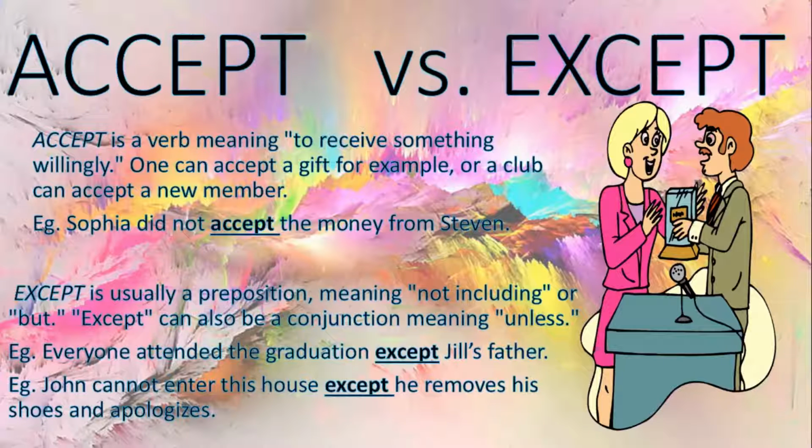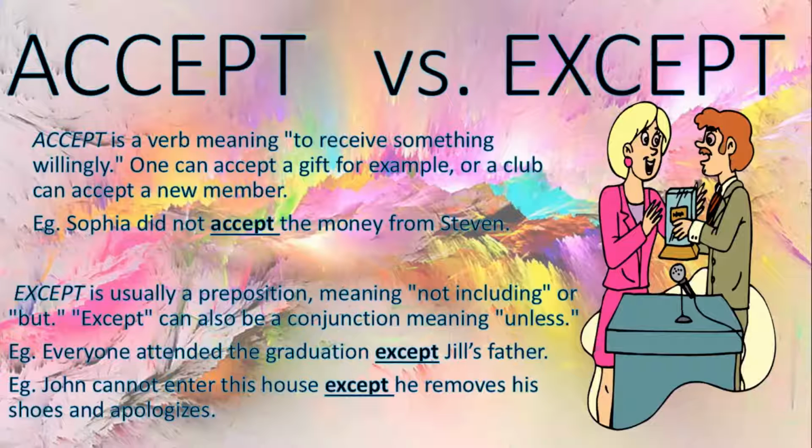One can accept a gift, for example, or a club can accept a new member. Let's look at the example sentence. Sophia did not accept the money from Stephen. Accept, we can say that one meaning for accept is take.